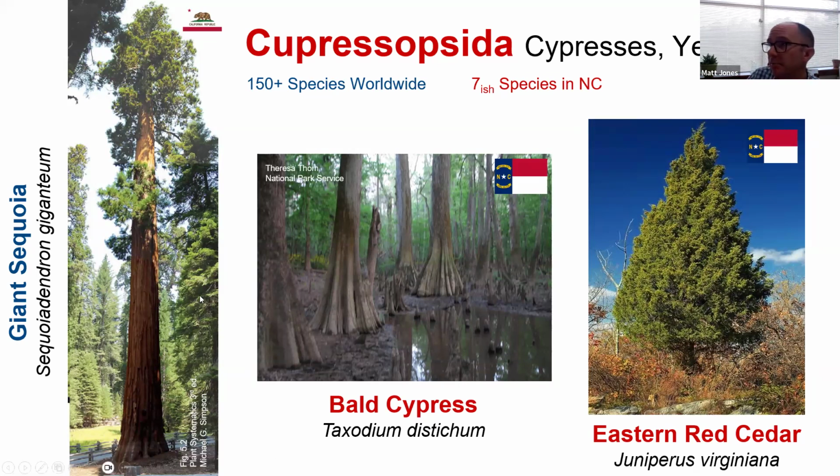These are all in the same Cupressoid order or group. The cypresses and the junipers are in the Cupressaceae, and so is bald cypress, and so is giant sequoia. And then yews are in their own family, the Taxaceae.